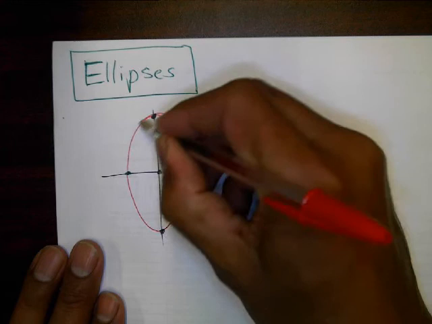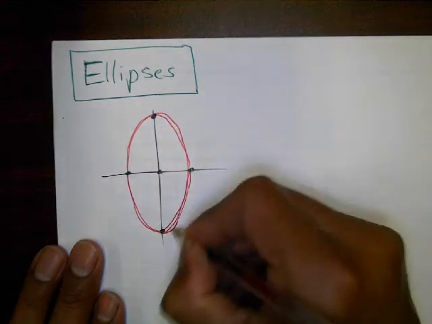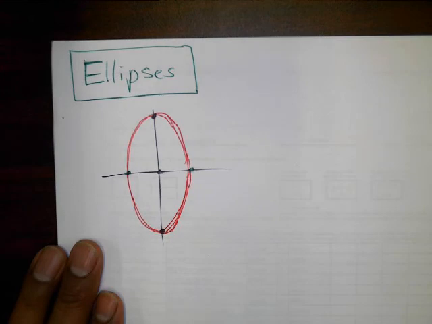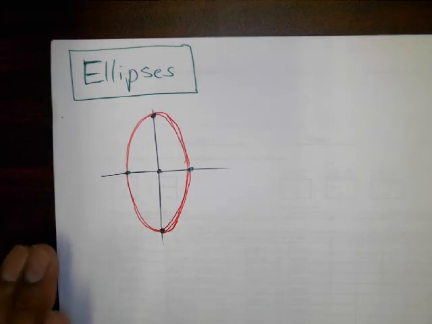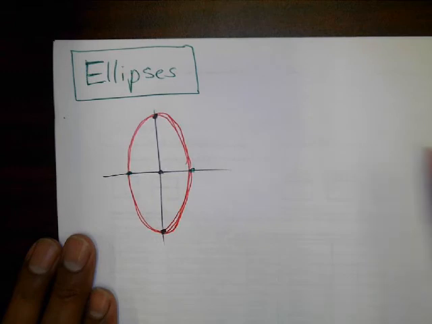It's an ellipse, right? So it's not a circle, it's an ellipse.